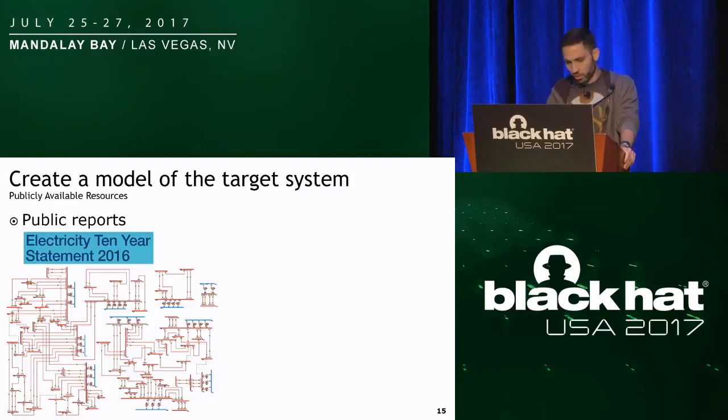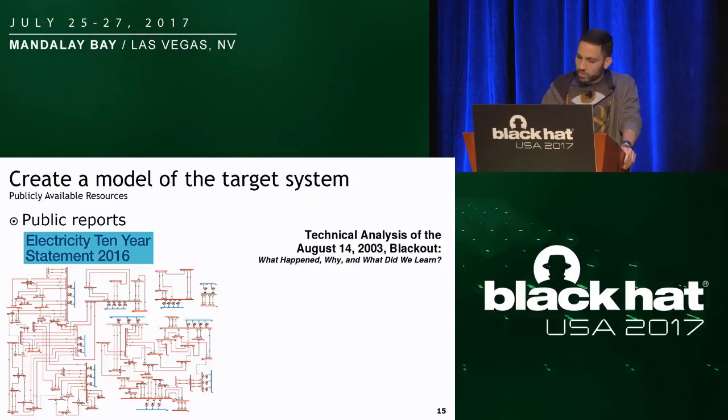Also, the report, and this is the image that we can see here, included a load flow model that helped us understand and validate the model that we created based on the previous data that I mentioned.